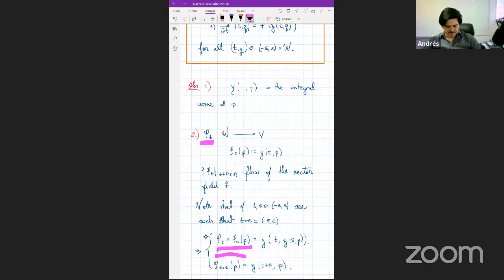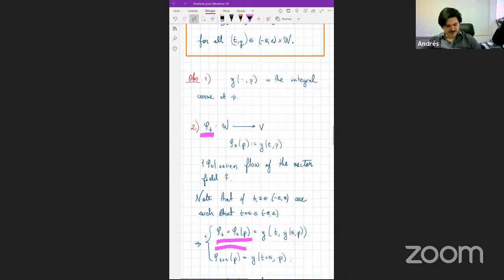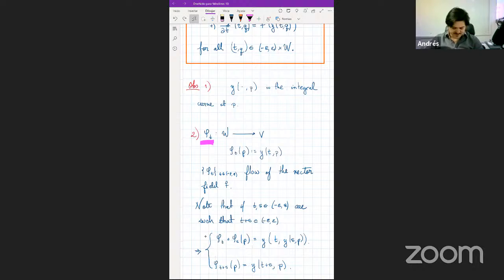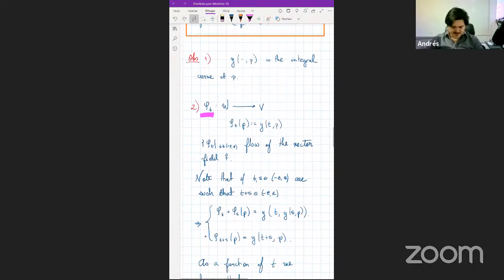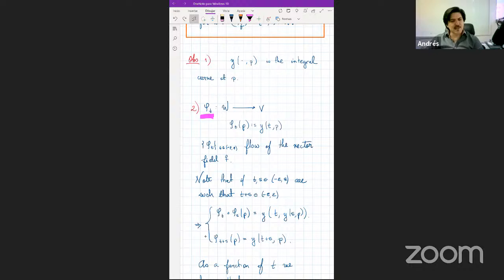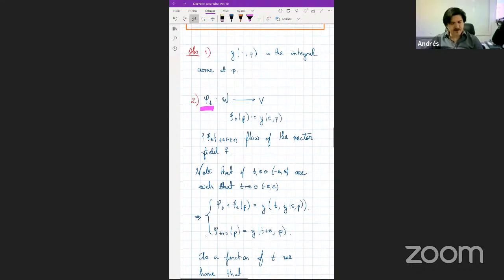Now, for the moment, let's think that S is fixed, also P, and we would like to think of them as functions of T. So T will move a little bit.